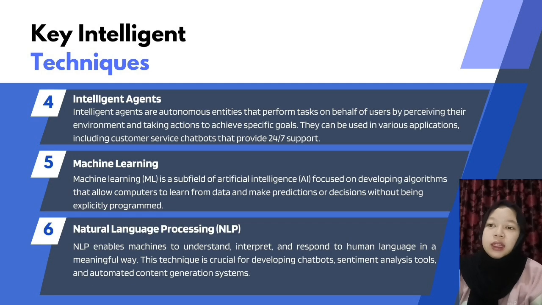And the next is intelligent agents. Intelligent agents are autonomous entities that perform tasks on behalf of users by perceiving their environment and taking action to achieve specific goals. They can be used in various applications, including customer service chatbots, or to provide 24/7 support.